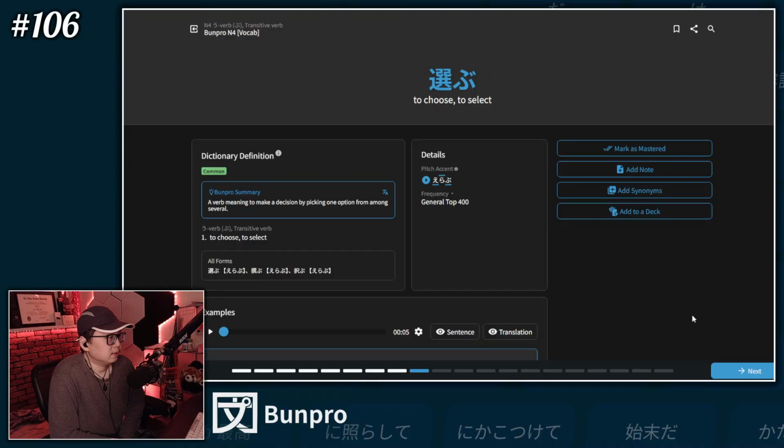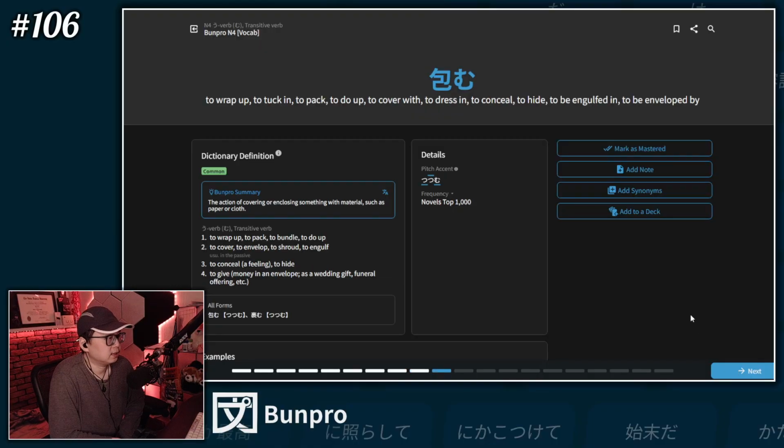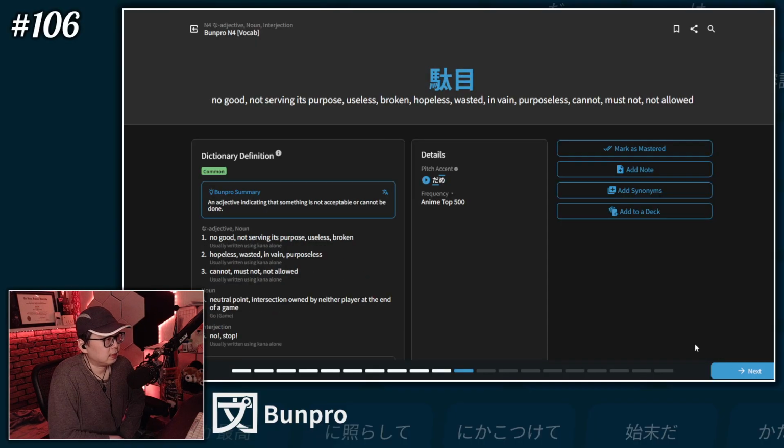A verb meaning to make a decision by picking one option from among several. The action of covering or enclosing something with materials such as paper or cloth. An adjective indicating that something is not acceptable or cannot be done.